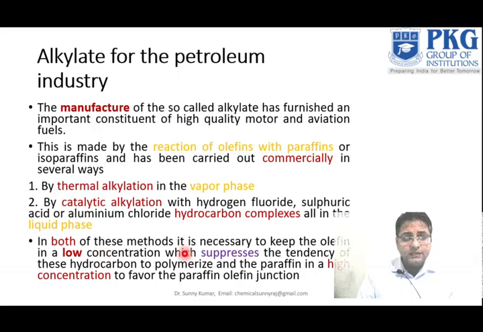In both of these methods, it is necessary to keep the olefin in a low concentration, which suppresses the tendency of these hydrocarbons to polymerize, and the paraffins in a high concentration to favor the paraffin-olefin junctions.